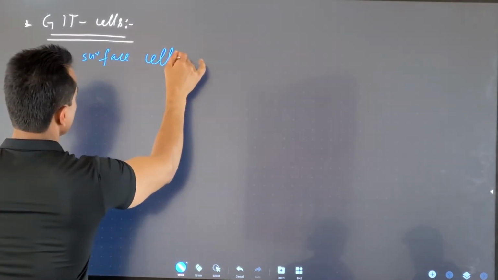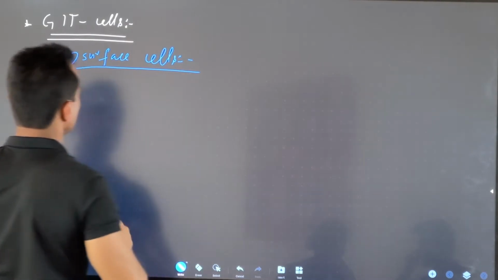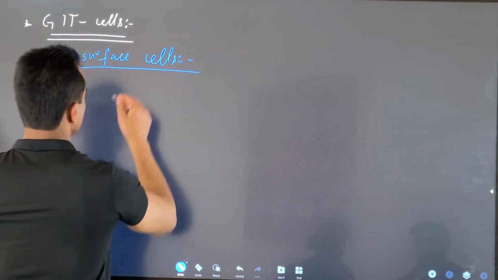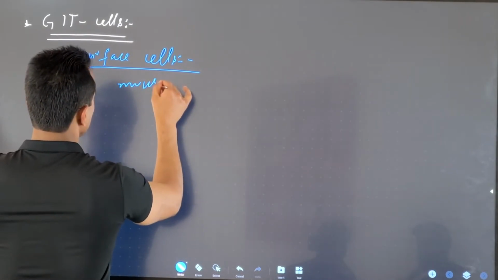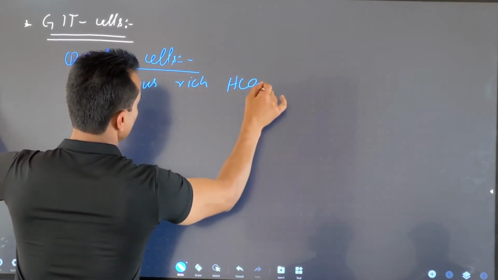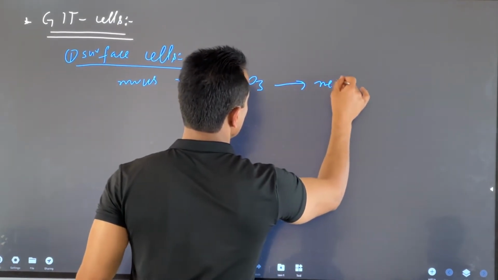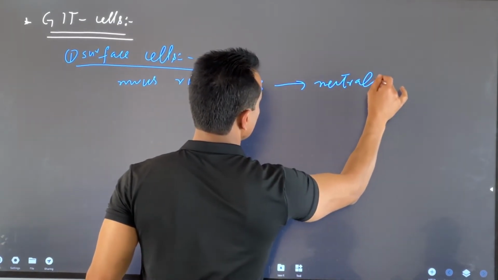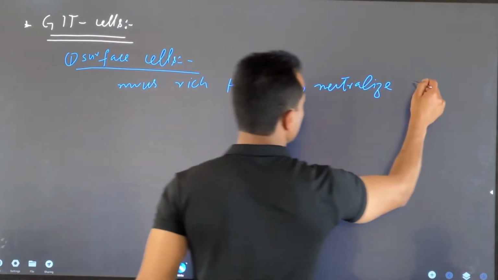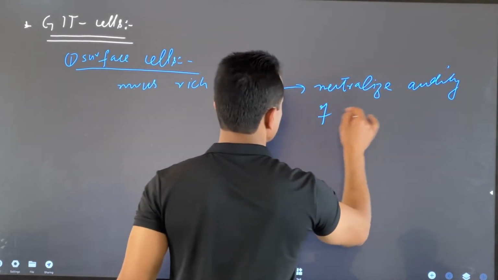Surface cells, number one. Surface cells produce a mucus which is rich in HCO3, and this mucus is basically required to neutralize the acidity of the GIT.